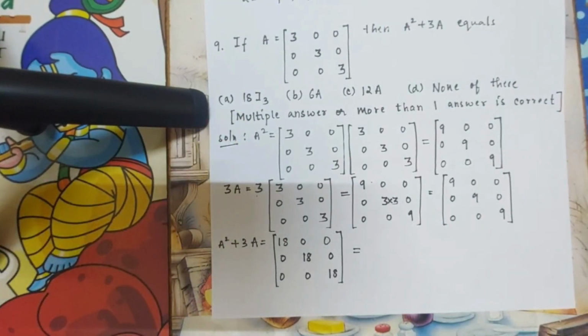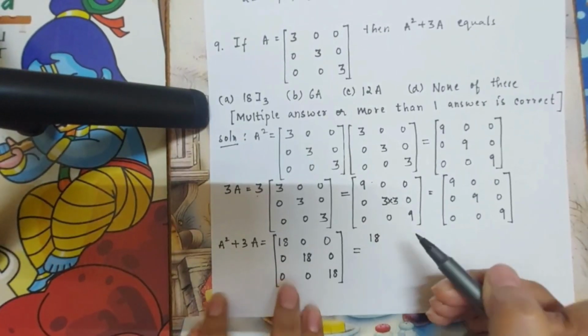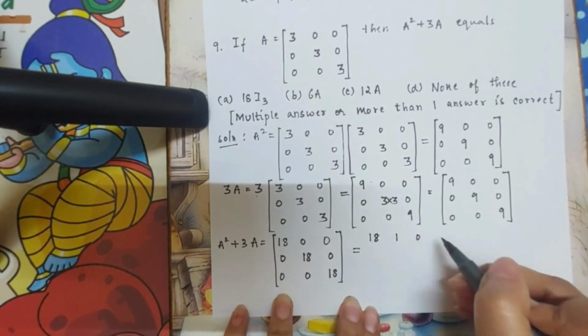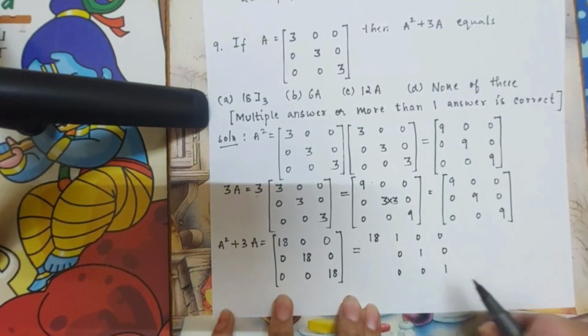So first thing is we can take out 18 from here. So what will we be left with? 1 0 0 0 1 0 0 0 1.